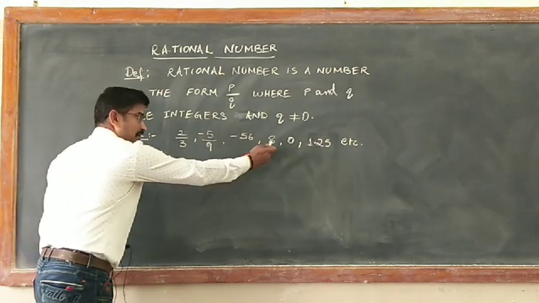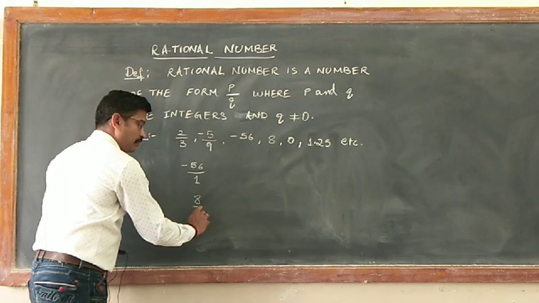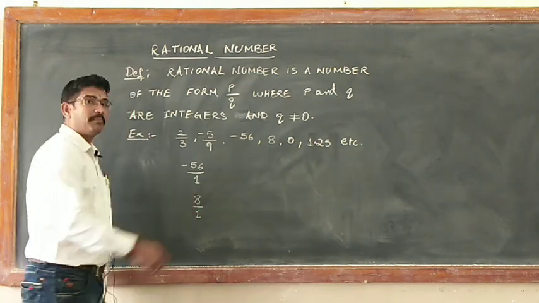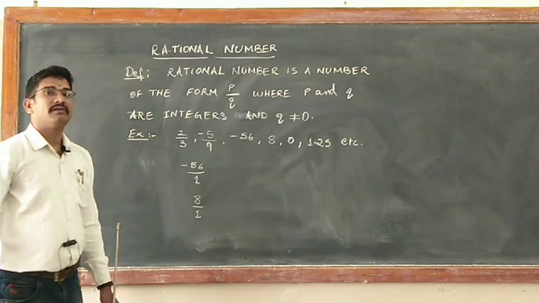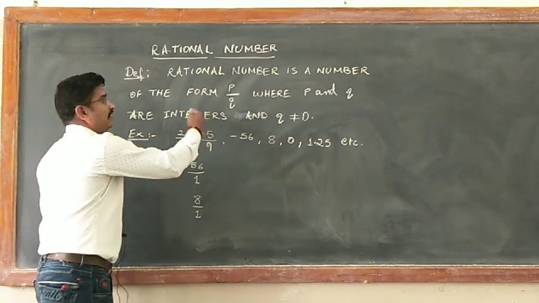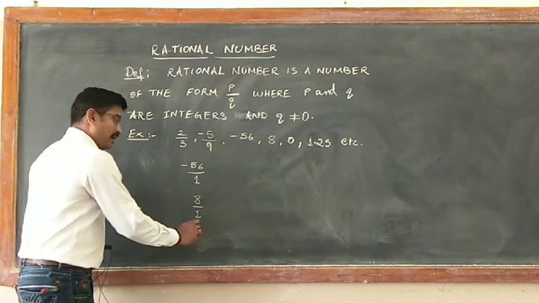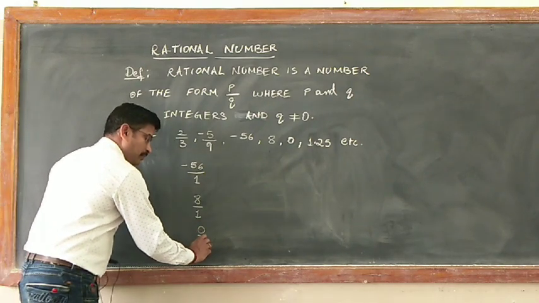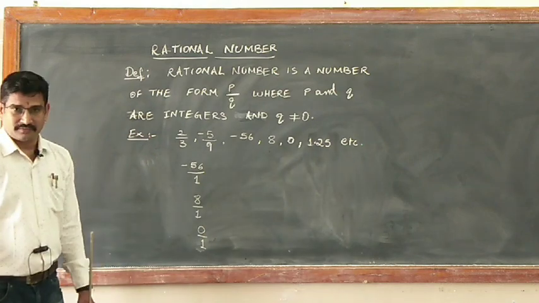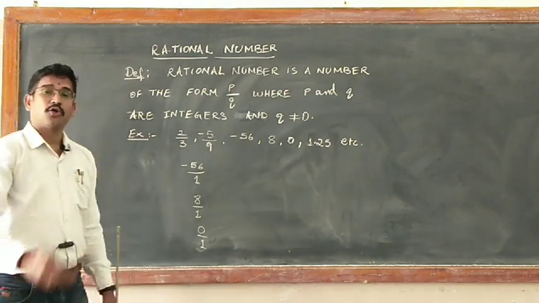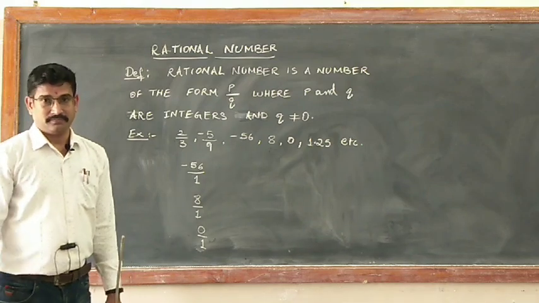Next, similarly 8 is also a positive integer which can be written in the form of 8 by 1. It is also a rational number since it is satisfying the conditions of the definition of rational number. Similarly, 0 is also written in the form of 0 upon 1, or it can even be written as 0 upon any non-zero number.